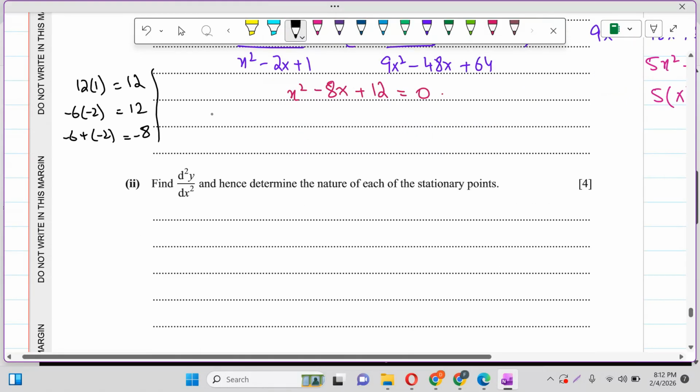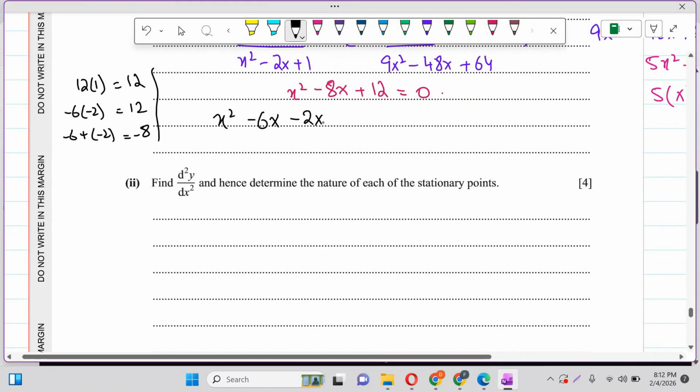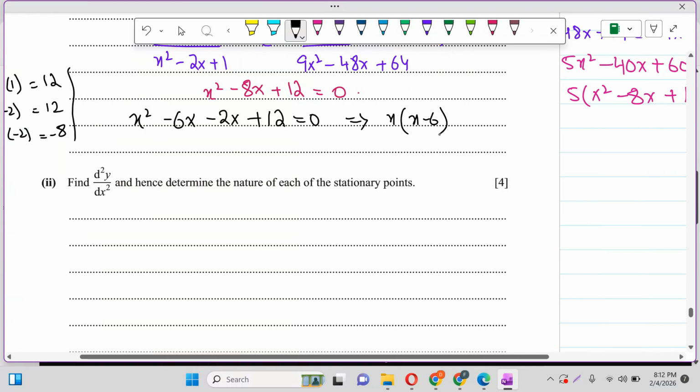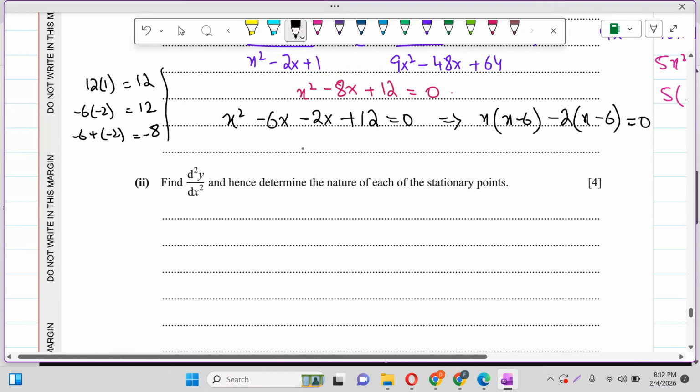So this one is x square minus 6x minus 2x plus 12 equal to 0. Further solving, we will have x common and this one is x minus 6, negative 2 common and x minus 6 equal to 0. So we have x minus 2 and x minus 6 equal to 0.